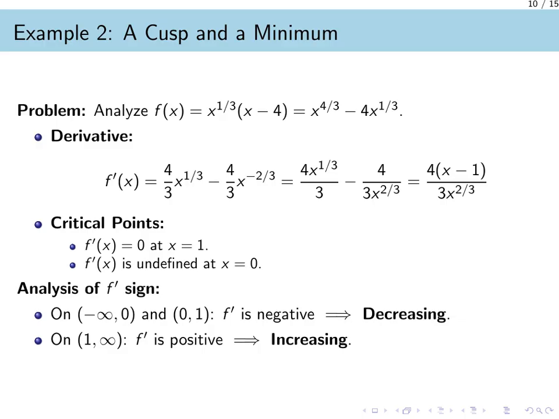These two critical points partition the number line, so we can now test the sign of the derivative in the resulting intervals. For instance, on the interval from 1 to infinity, the derivative is positive, so the function is increasing there. The key lesson is that critical points can occur where the tangent is horizontal or where it is vertical.